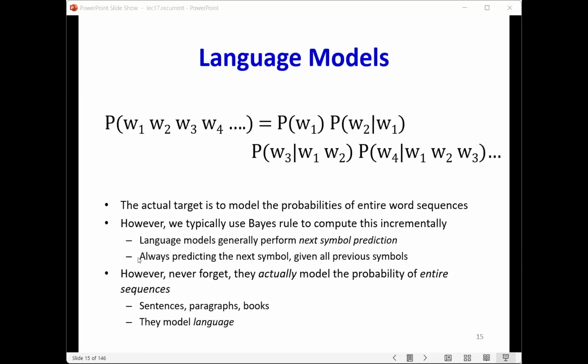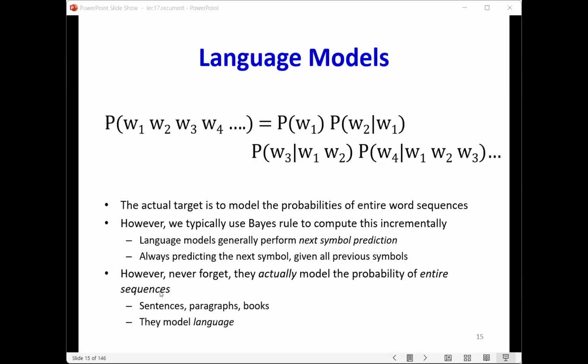So again, language models generally perform next symbol prediction, always predicting the next symbol given all previous symbols. But never forget, they actually model the probability of entire sequences, of sentences, of paragraphs, of books.